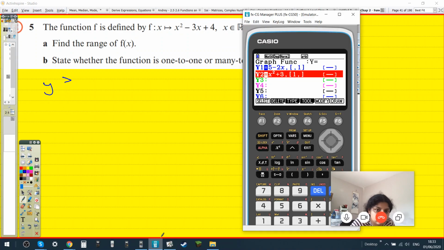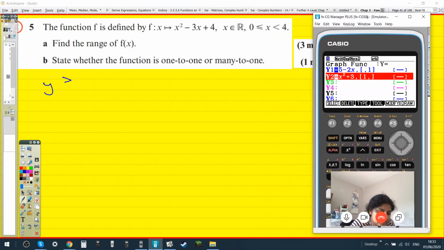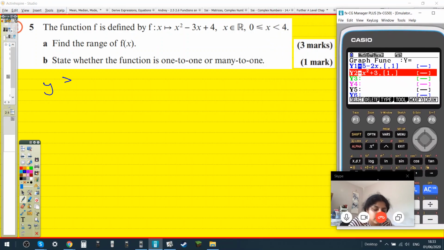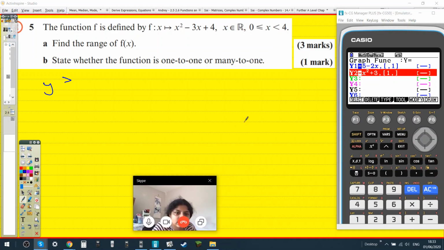Is it? Yeah. Okay. B. The minimum point is at 1.75. So B.